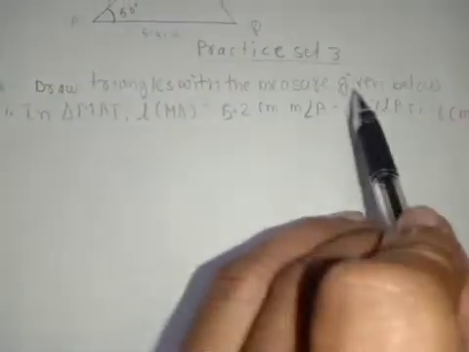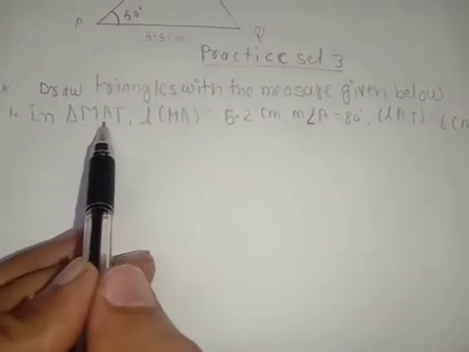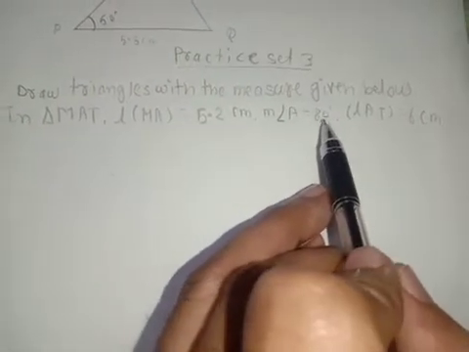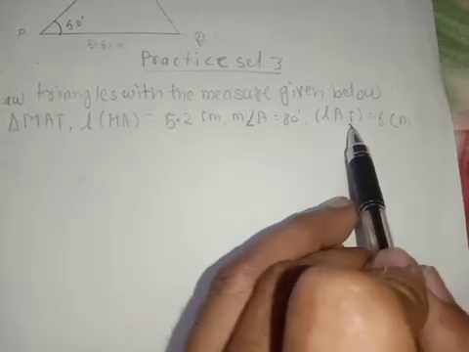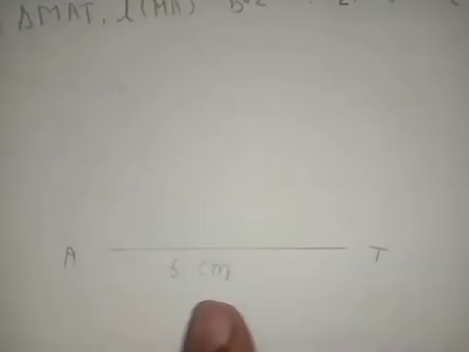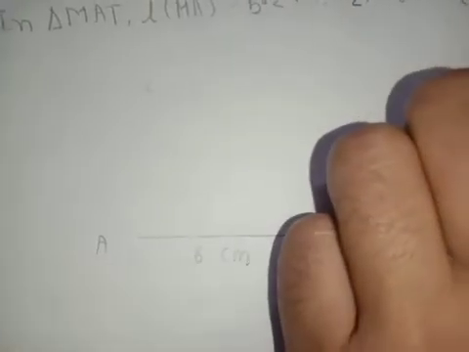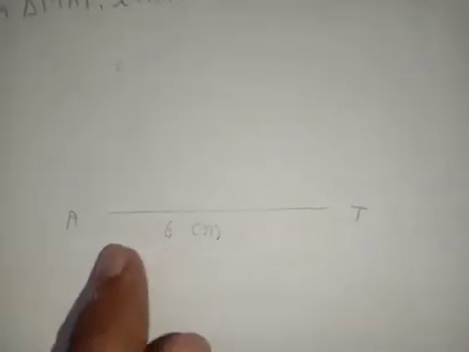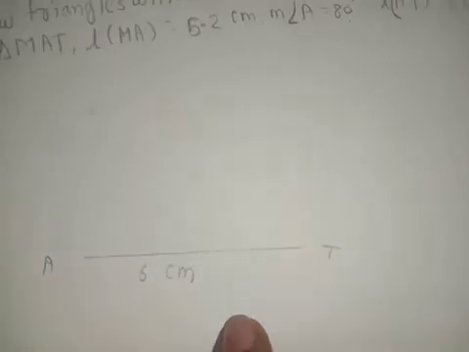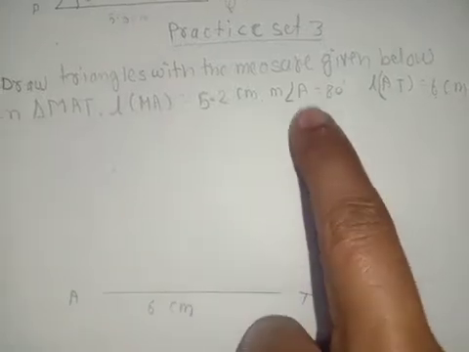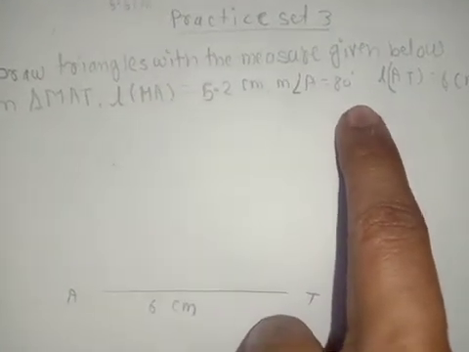Draw a triangle with the measures given below. In triangle MAT, length MA is equal to 5.2 cm, angle A is 80 degrees, and length AT is equal to 6 cm. Draw a straight line of 6 centimeters and give it the name AT. Now the measurement of angle A is equal to 80 degrees.